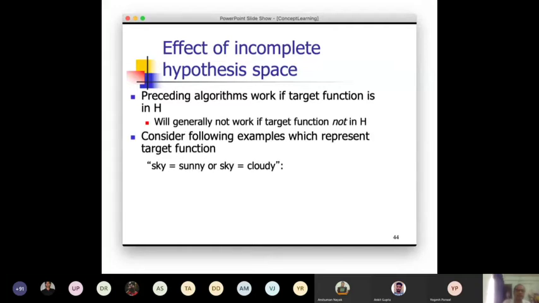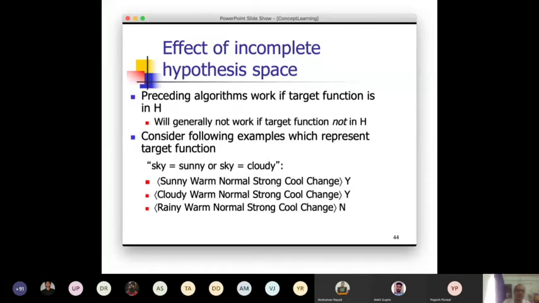For example, I mentioned earlier: sky equals sunny or sky equals cloudy is a target function, and this cannot be represented by your hypothesis space. The example we have considered, the conjunctive normal form, cannot represent this particular target function.